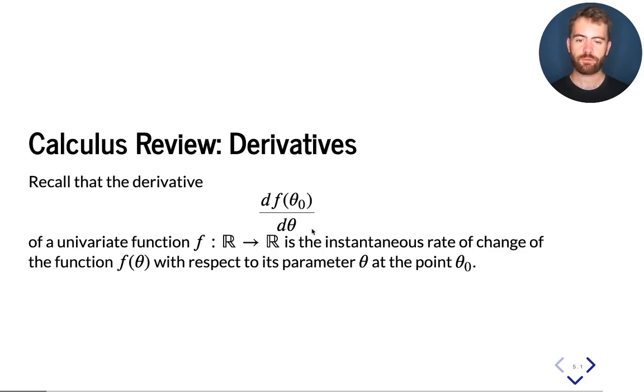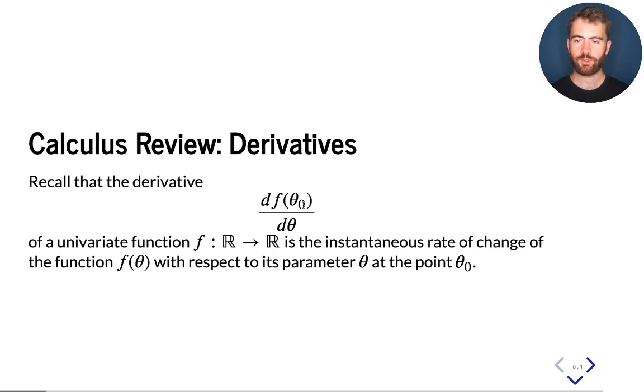This is the derivative of f with respect to its parameter theta evaluated at a point theta sub 0. You can think of this in a few ways. One way of interpreting this value is the slope of the tangent at the point theta 0.